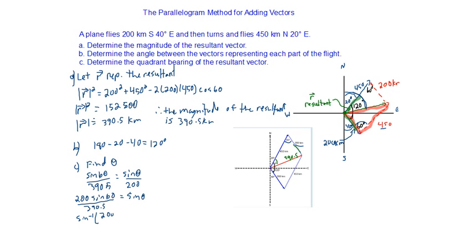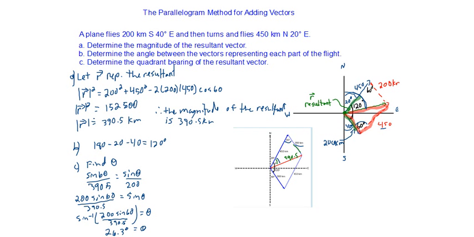Again, if you need to, you can enter this in steps. If you feel comfortable, you can do this all in one go on your calculator. Whatever is easiest for you. And that should equal theta. And if we plug that into the calculator, we should get that theta is equal to 26.3 degrees. Now remember, theta was just this part shown in green.